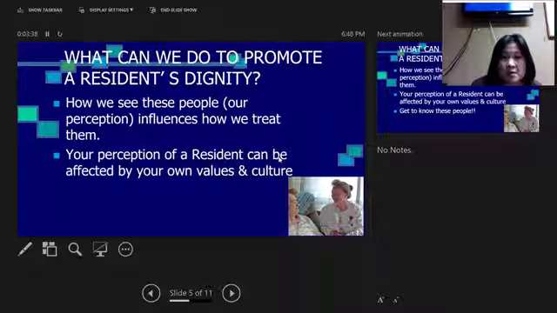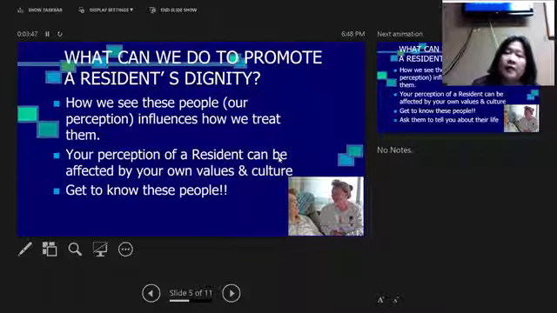Your perception of this resident is affected by your own values, your own cultures. But you still need to get to know these people, know what their values are, know what their cultures are, know how to take care of them confidently according to their beliefs and values.